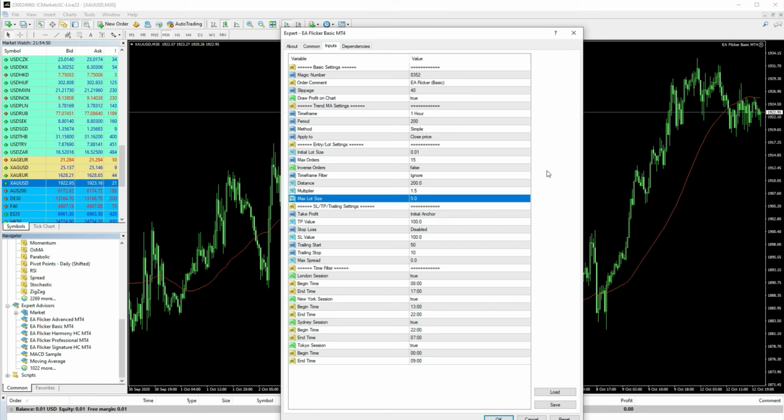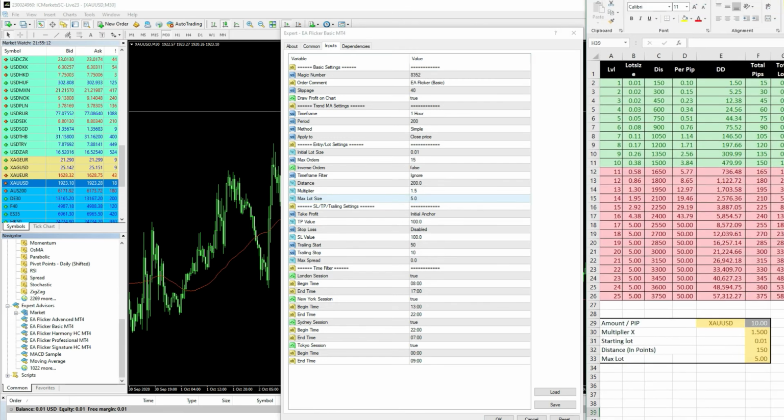Now, in order to help you find out what lot size to start with, what distance to play with, what's the max lot size you should set, there's a tool that I've also put the link in the YouTube description box down below. You must get this tool because it will help you to plan your risk much better.